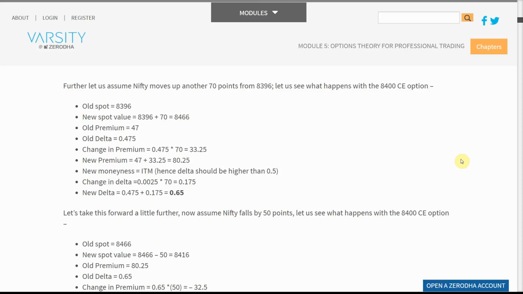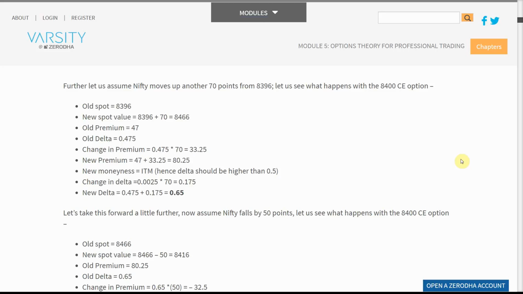New premium equals 47 plus 33.25 equals 80.25. New moneyness equals ITM, hence delta should be higher than 0.5. Change in delta equals 0.0025 asterisk 70 equals 0.175. New delta equals 0.475 plus 0.175 equals 0.65.